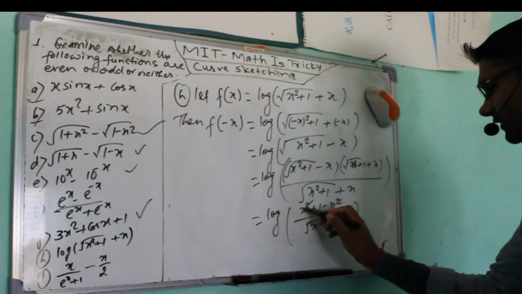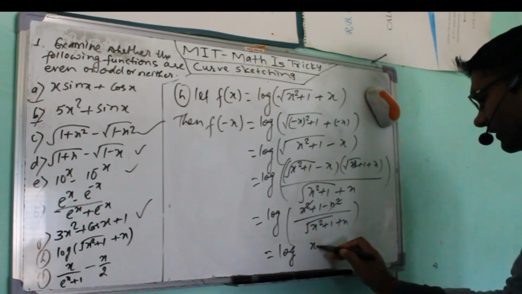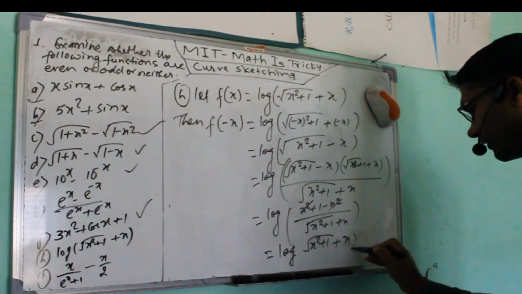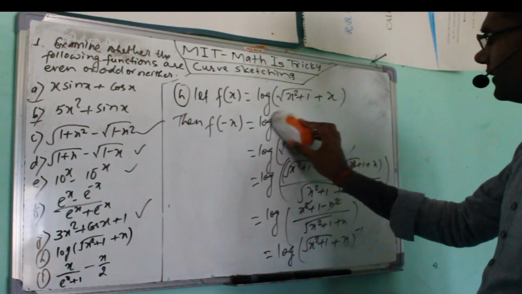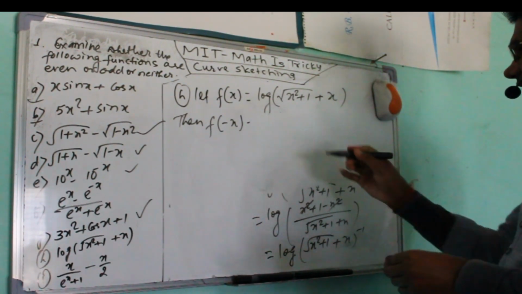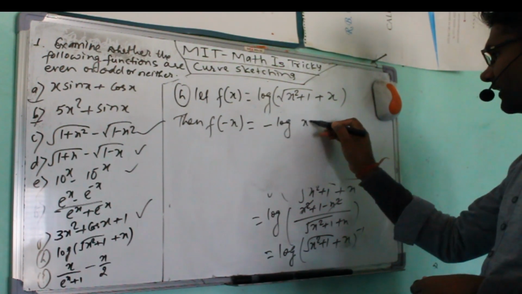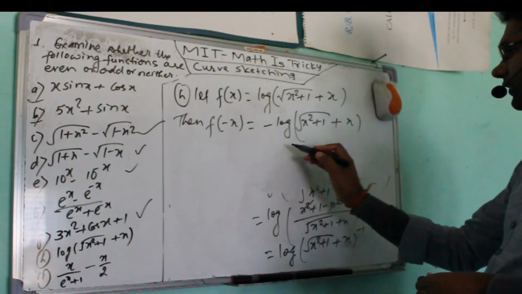And it gives here simply log(√(x²+1) + x) to the power −1, which is the same as −log(√(x²+1) + x).